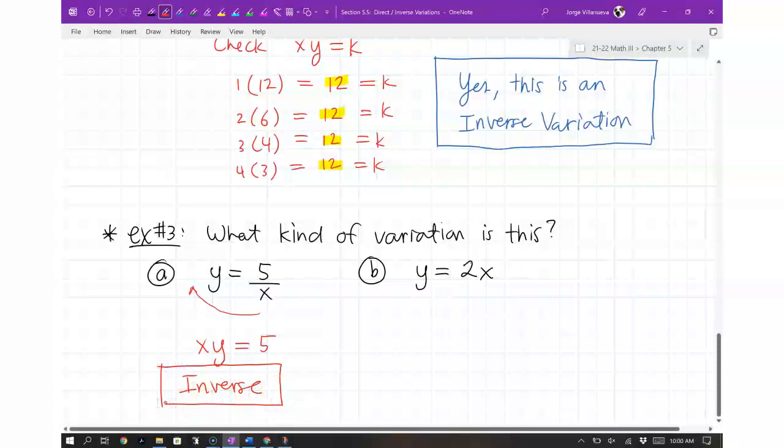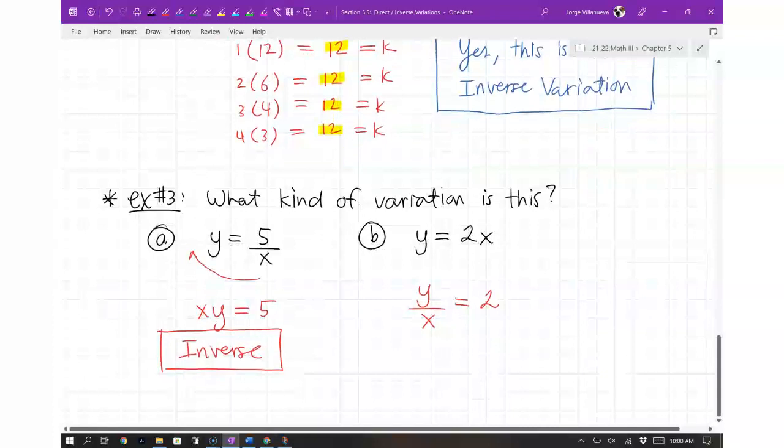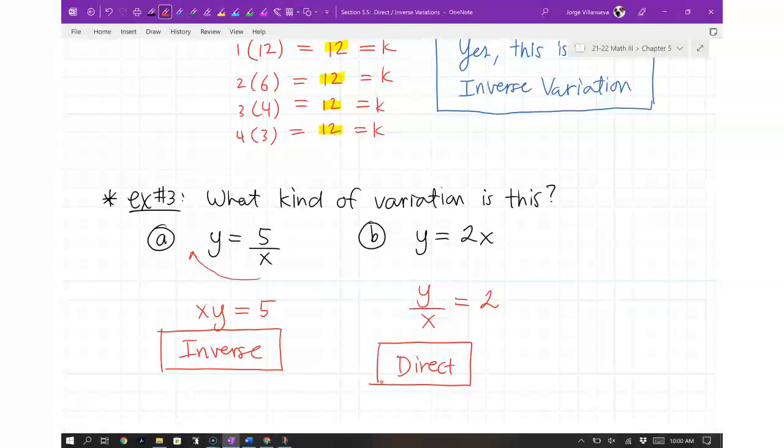All right, well, look at part B. I want that 2 by itself. So what do I need to do? Divide by x, right? So I'm going to end up with y divided by x equals 2. What kind of variation is that? That's direct. So I mean, this isn't that hard, right? You just got to make it fit the mold. Get the number and put it by itself, and then do the work.